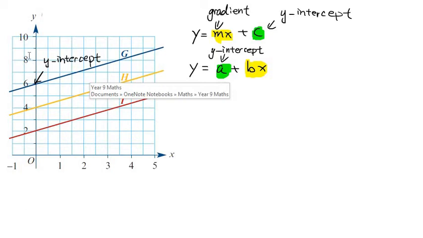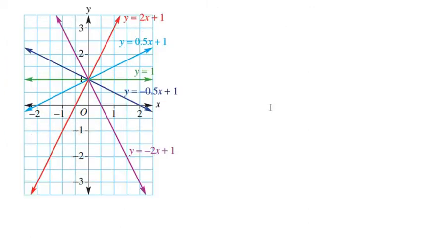In the previous video we talked about how the graph looks if the gradient is positive, and how the graph looks if the gradient is negative. If you can't remember that, you can go back to the previous video. In this picture, we see that there are many lines crossing the same point.